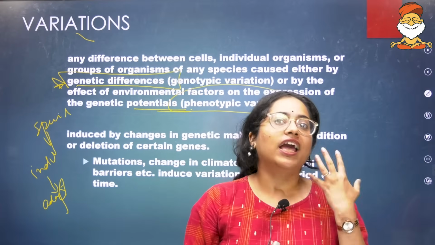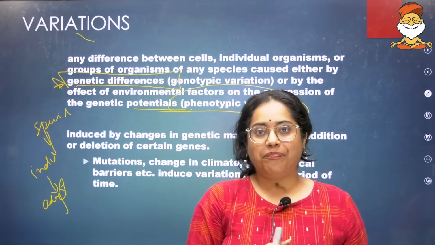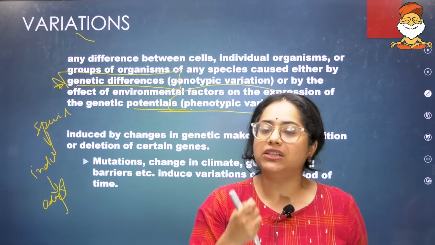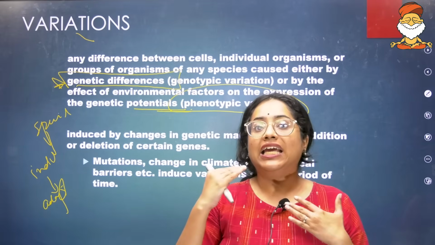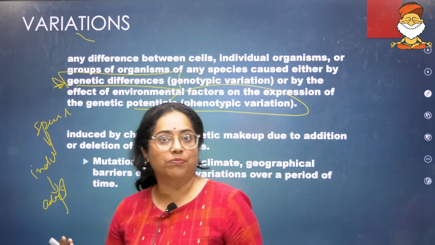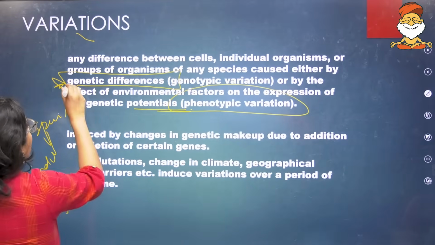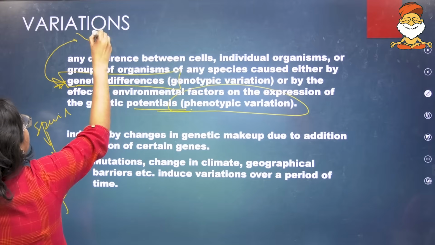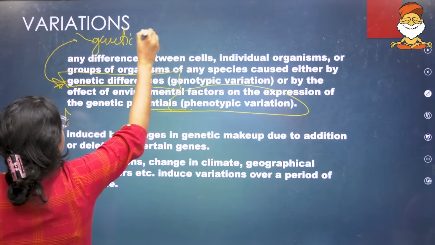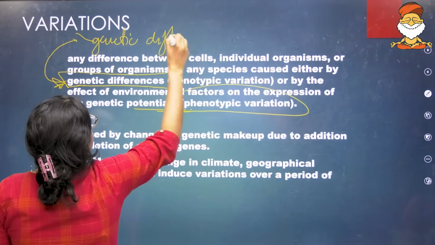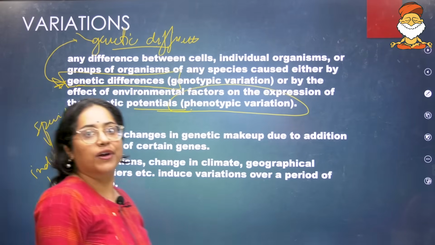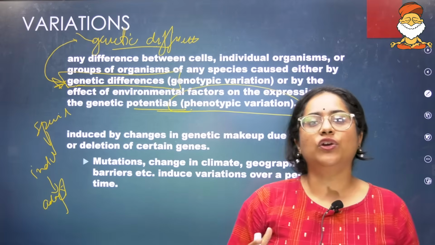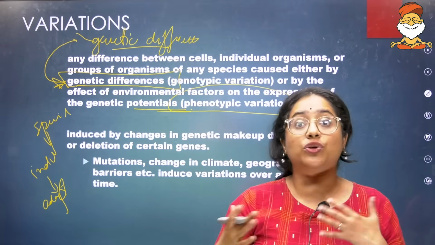So what I intend to say is that adaptations that might have started as morphological or physiological, eventually turn out to be genetic differences. See, you can have different reasons by which you have genetic differences.